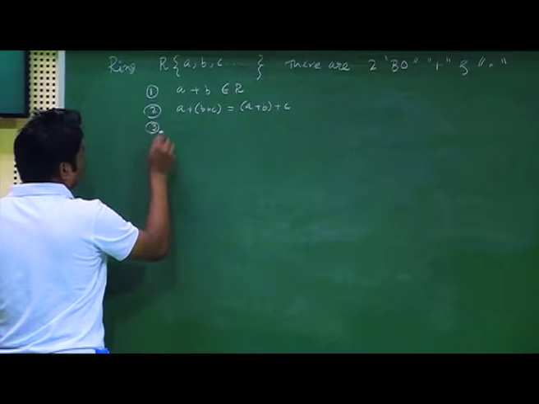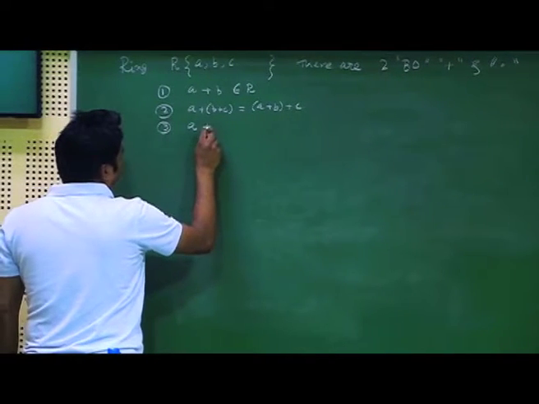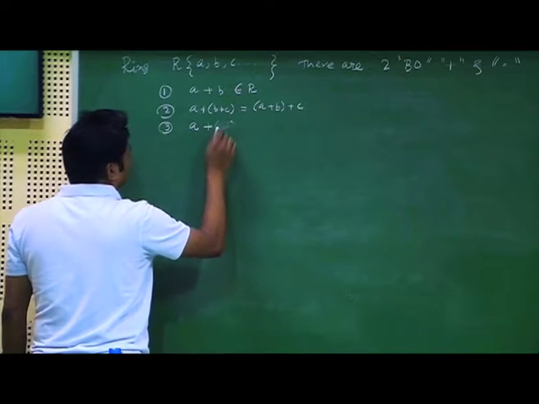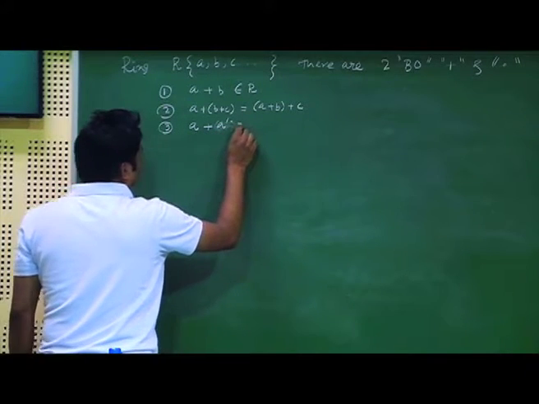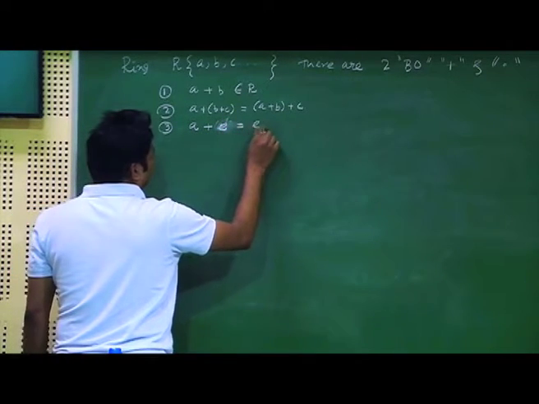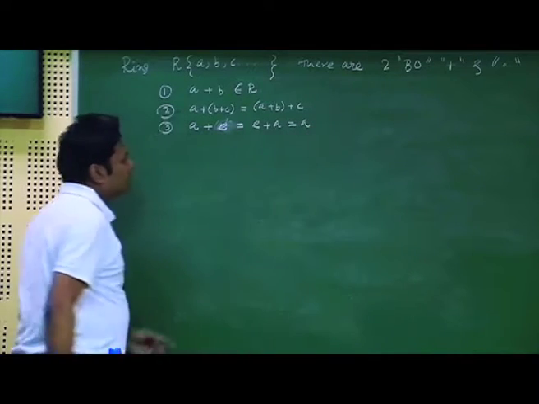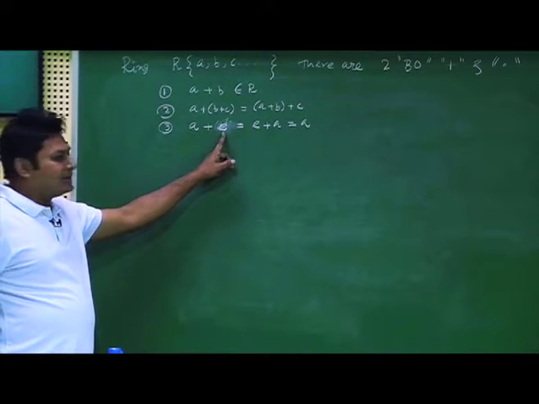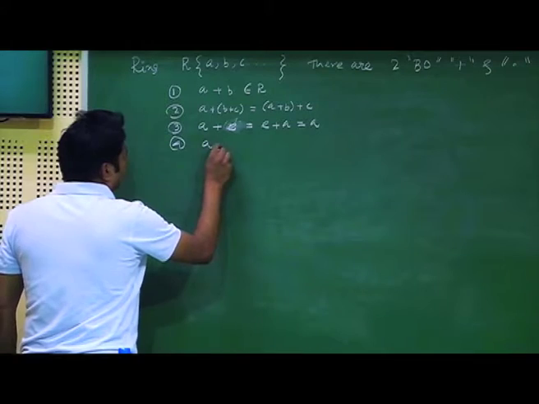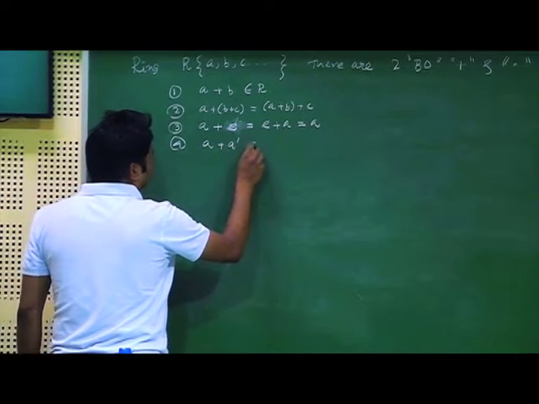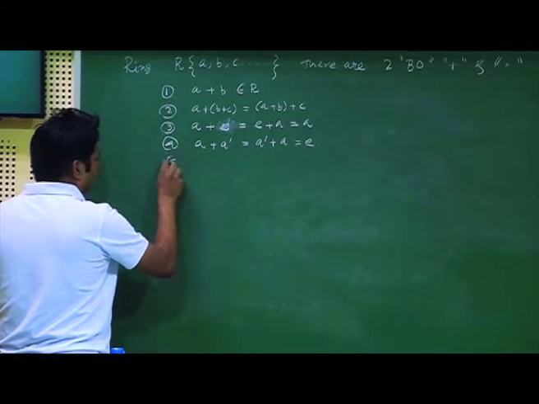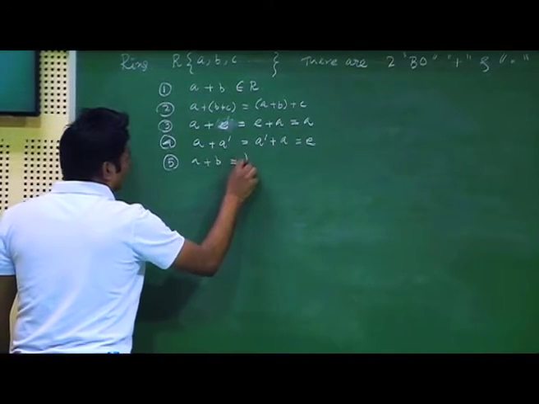Third, there is an identity element, I call it E, such that E plus A is equal to A. Four, A plus A prime, the inverse, is equal to A prime plus A is equal to E. Five, A plus B is equal to B plus A.